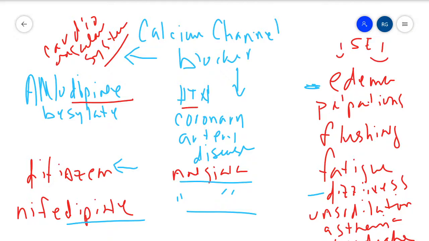So for the most part, just get you a list, write down each drug class, put down at least 3 to 5 generic names along with their brand name. For the most part, they're all going to have the same indications.